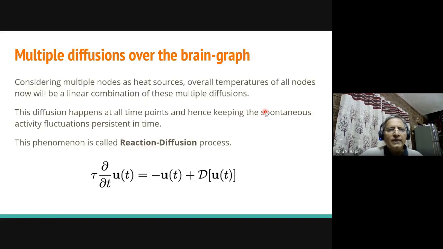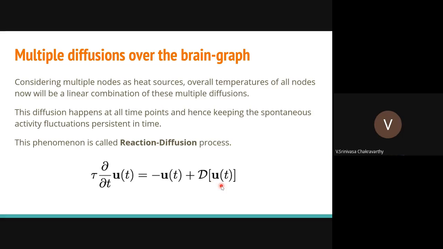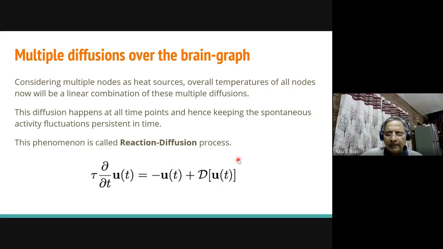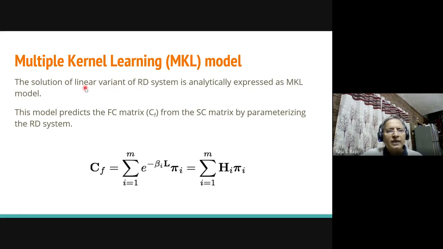However, in the brain, you can think of multiple diffusions happening over this graph. And this can be summarized as a generalized reaction diffusion process, where the rate of change of the regional activity has a spontaneous decay, and there is a spatial distribution. The D operator is the spatial diffusion process. The solution of this reaction diffusion system can be expressed as a linear combination of kernels.